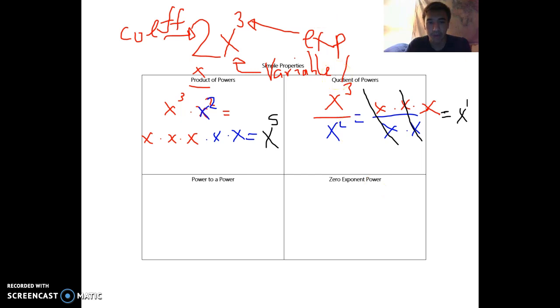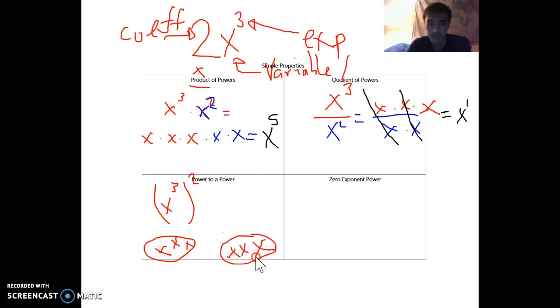Finally, power to a power, still using the same examples. Let's say we have x to the third power, all of that raised to the second power. This is saying I have 2 groups of x, x, x.